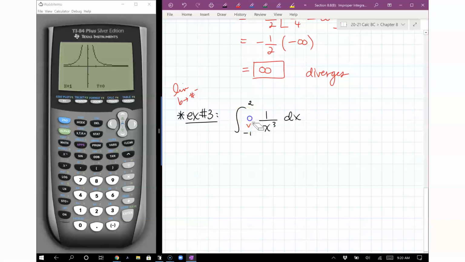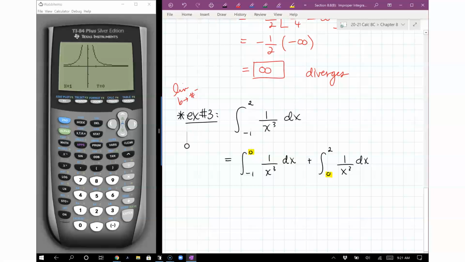So since 0 is going to cause a problem for us, we have to split it up so that we can fix it. So this is how we split it up. Notice I'm still doing the whole interval from -1 to 2, but what I'm doing is I'm emphasizing the point of disaster, I guess you could call it.